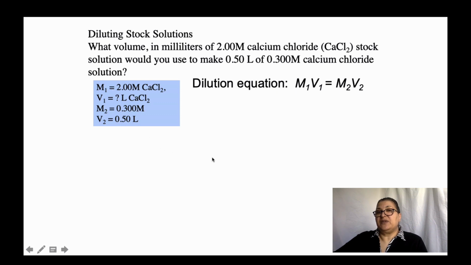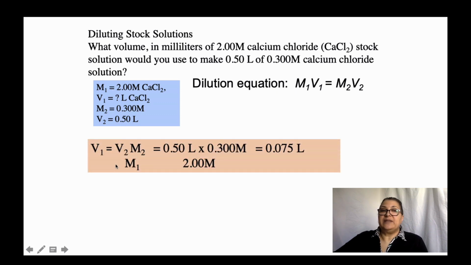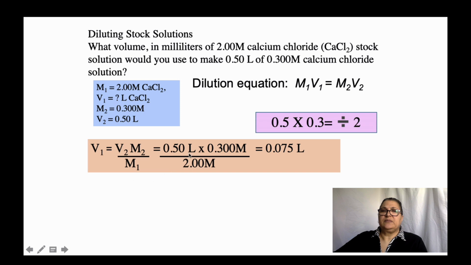What do we have to start with? Okay, so just plug in. M1 V1, so we want to solve for V1, so we divide this side by M1 and this side by M1. So V1 is V2 M2 over M1. So 0.5 times 0.3 divided by 2 equals 0.075 liters. Okay, plug in, solve for whatever they're asking for.